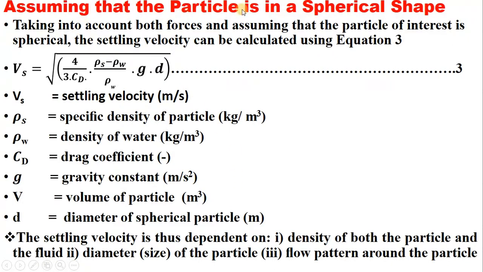Assuming that the particle is in a spherical shape, we are taking into account both forces, and assuming that the particle of interest is spherical, the settling velocity, which is our interest, can be calculated using equation 3.